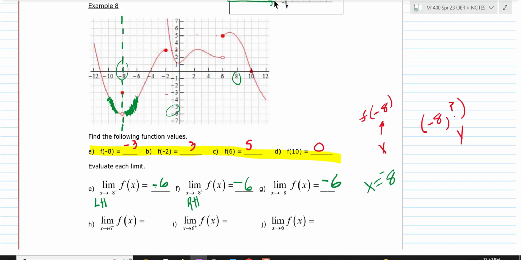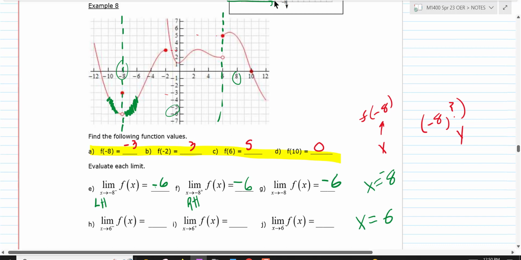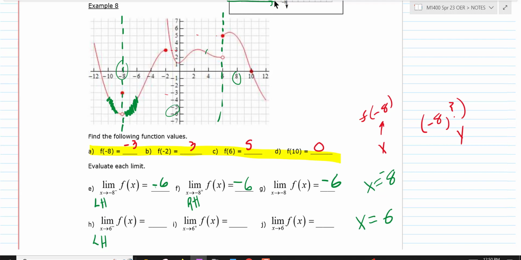Now the next row, it looks like we're interested in x equals 6. So I'm going to take the same approach, and I'm going to just do a little vertical line through x equals 6 and see if that will help me visually see how these limits go. So on h, I've got a left-hand limit. Get on the left side of the wall, not way over here, just a little bit to the left of it.